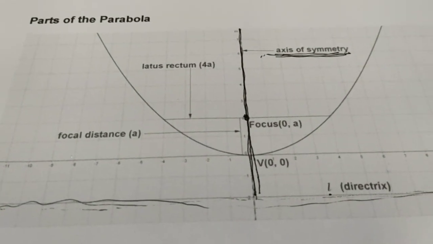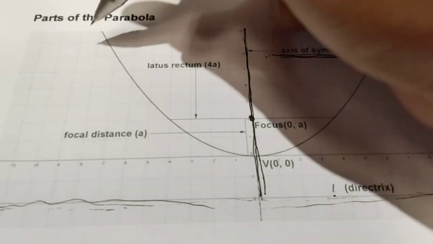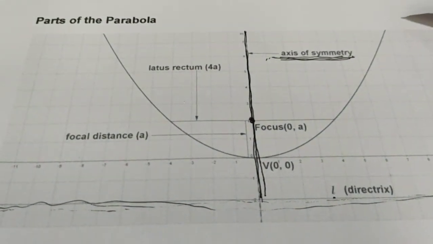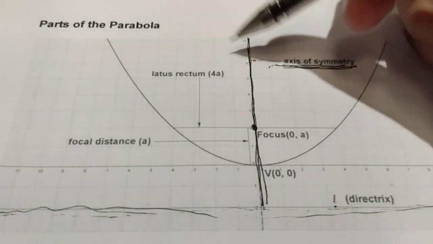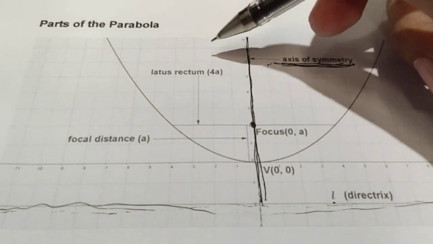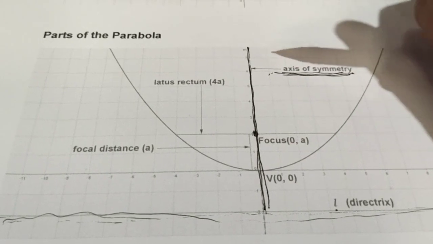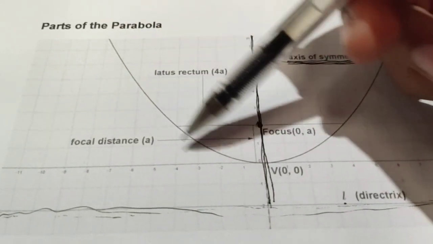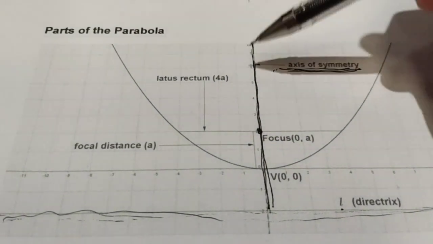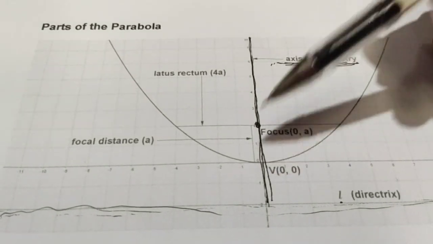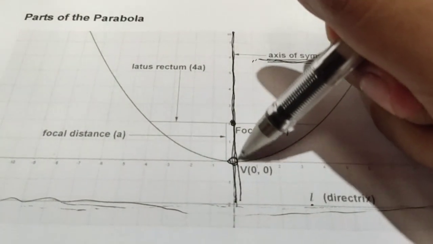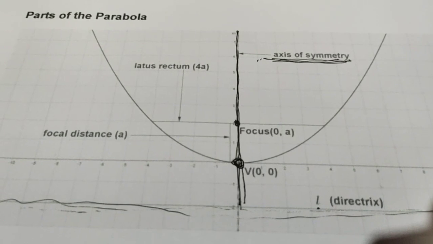The axis of symmetry divides the parabola into two parts, and these two parts are what we call the mirror images. There is only one point on the parabola that lies on the axis of symmetry, and that is the vertex of the parabola.